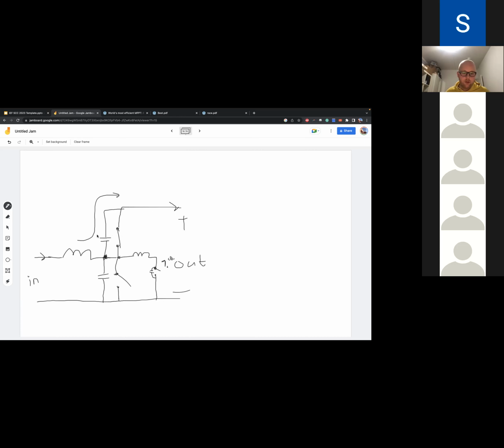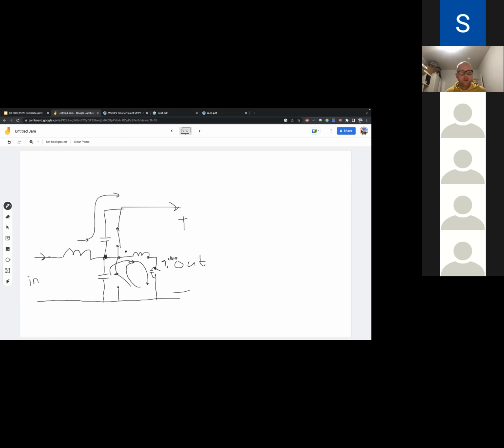Then current starts running here because there's a voltage here. And because you set a voltage across an inductor, the current starts rising. Then at some point, this current here becomes higher than the current there, and then you start discharging this capacitor.